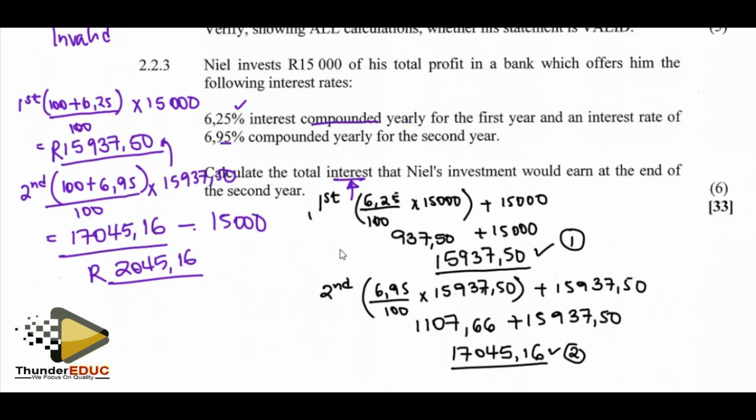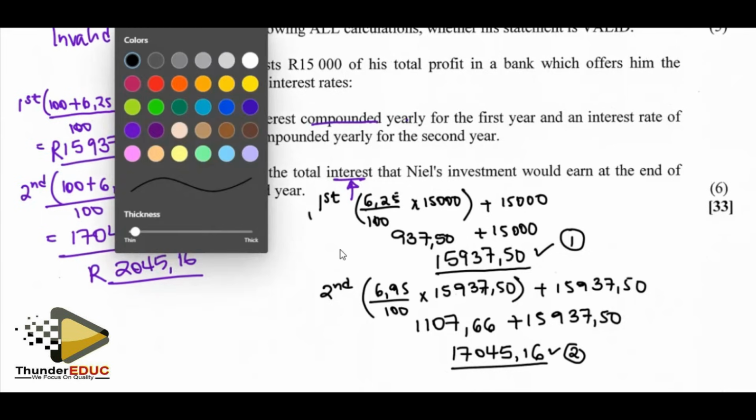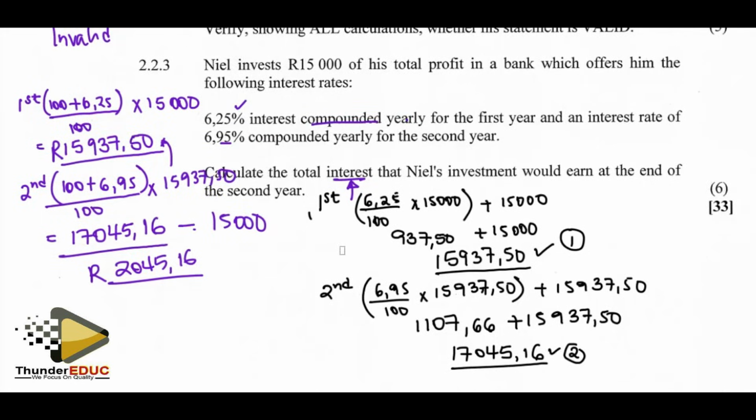But we're not interested in the money, we are interested in the interest. So the interest will be this value here plus this value here.